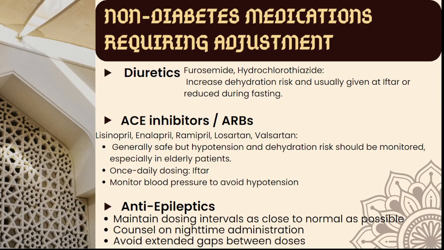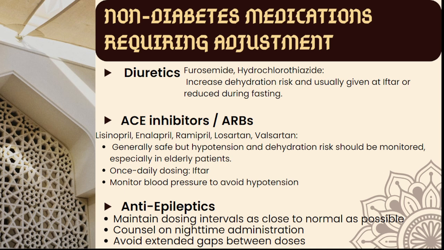If it decreases, or he has symptoms of hypotension like dizziness and sweating, he needs to check his blood pressure. And if there is continuous hypotension, he needs to tell the physician to adjust the dose. And if he is taking it BID, I will try to shift to long-acting.